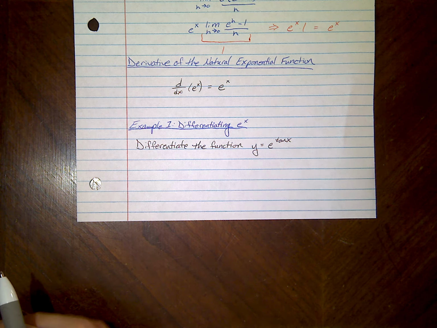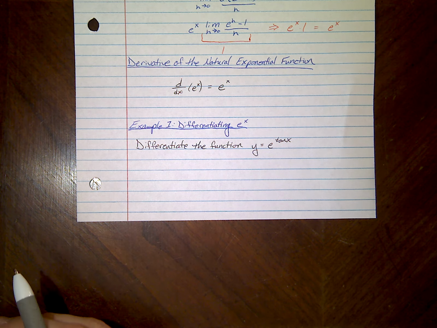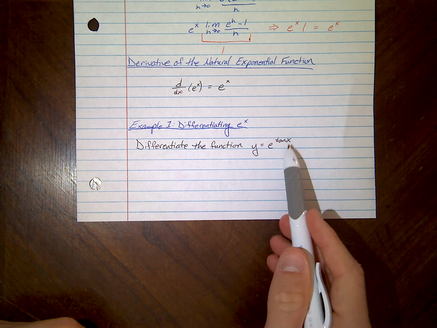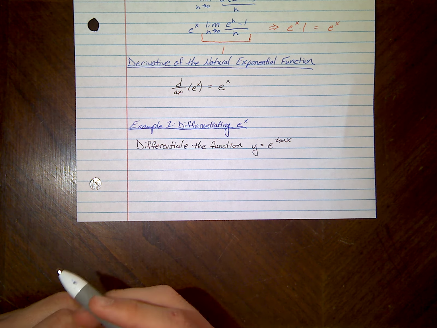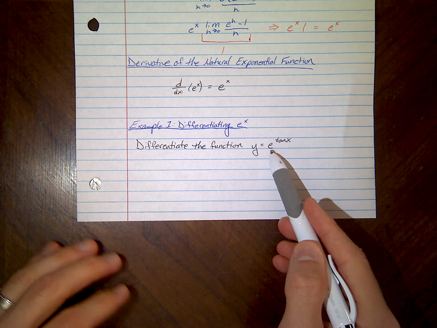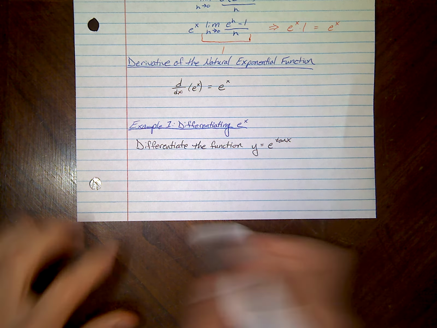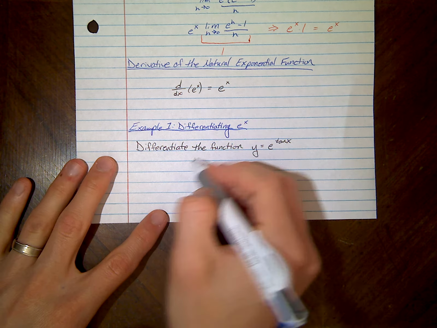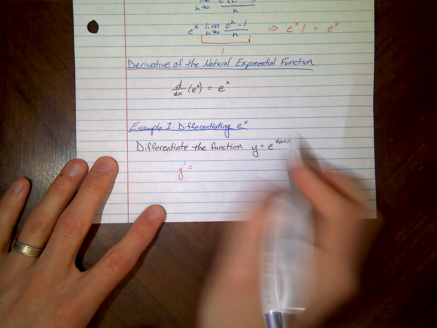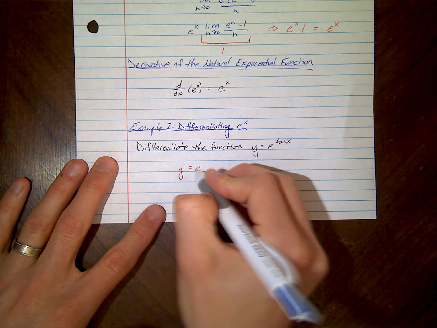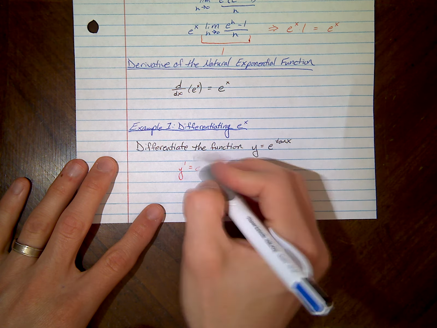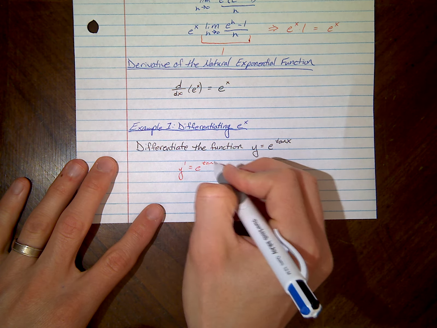So, it gets more complicated than that, obviously. If we have the function y is equal to e to the tangent of x. Okay, now technically what we have to do is use the chain rule because we have the tangent of x inside the e to the x function. So we have to chain this. So y prime then would be equal to, well, the derivative of e to the x power or e to any power would be e to that power.